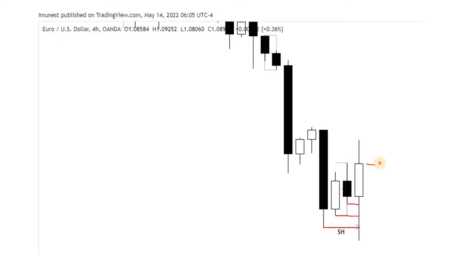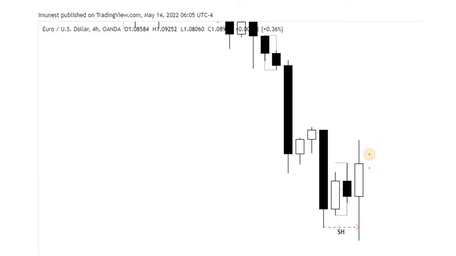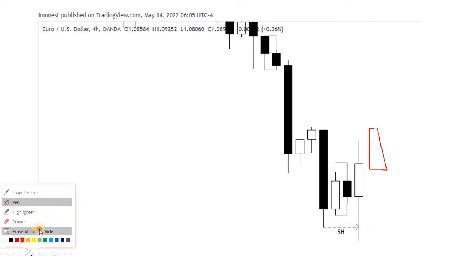This is the closing price, which is higher than this low. So this particular candle distributed below these lows and eventually closed above all three lows. When that happened, you can easily suspect that the next candle is going to be a bullish move.